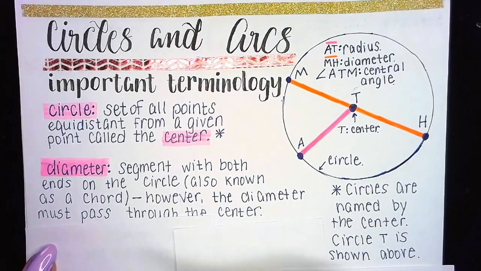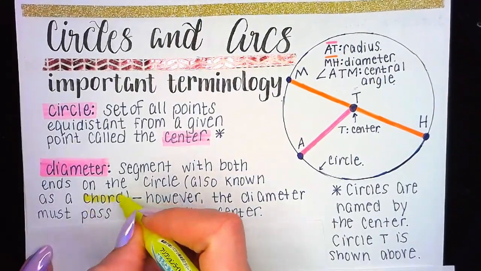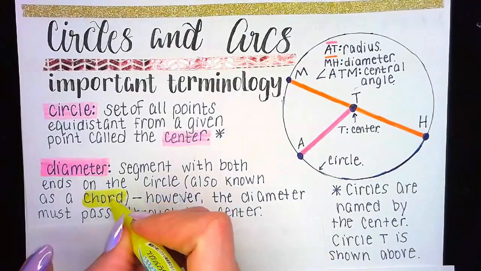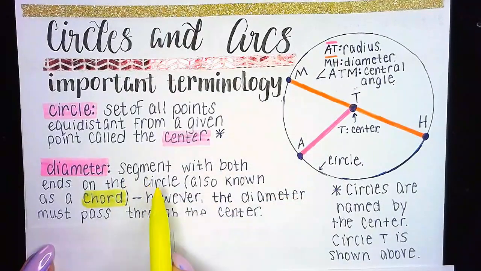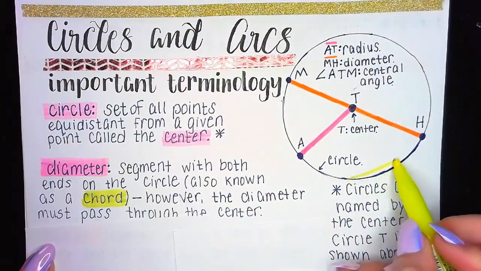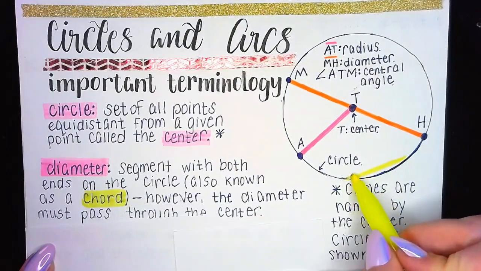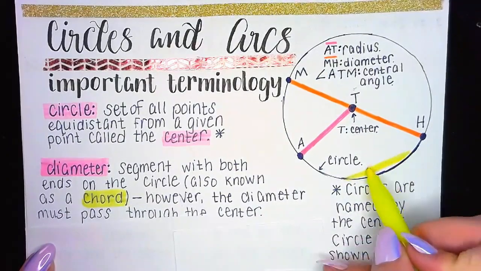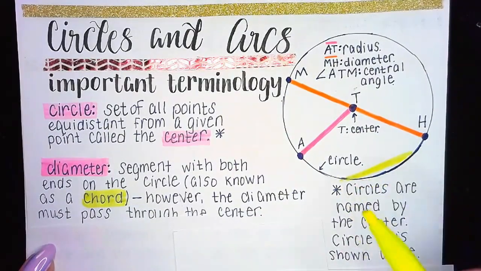Now, what I can do is throw a little extra in here. I'm going to highlight the word chord in yellow. And a chord, if that's the only requirement, a segment with both ends on the circle, well, that means that this right here is a chord. It's a segment, and both ends are on the circle.